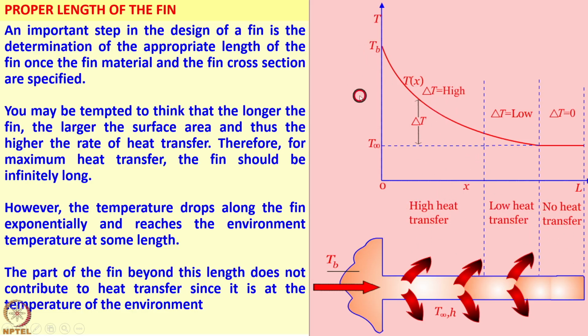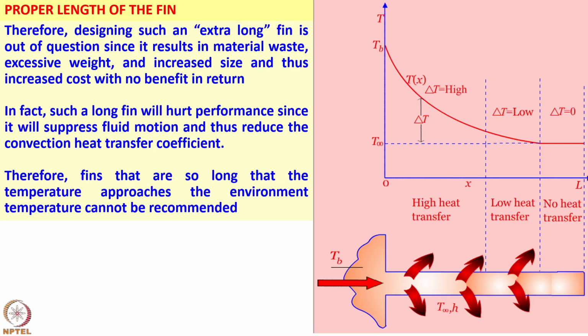For shorter length there is high heat transfer, then low heat transfer, and after a certain length there is no heat transfer at all. So there is a particular length beyond which there is not much benefit of putting the fin. So what is the proper length of the fin, is the next question.